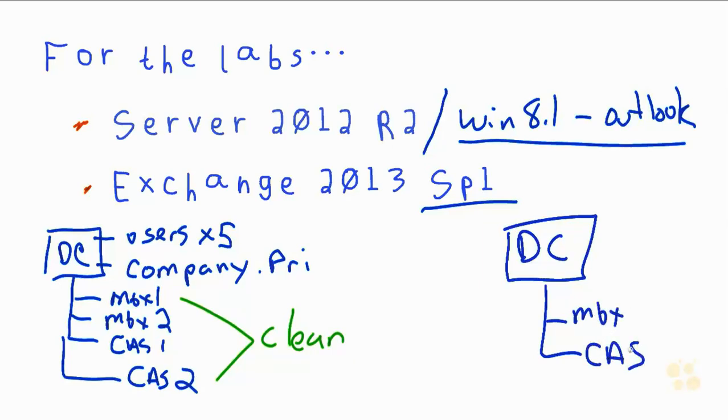For about 80% of everything I do, you could do with a single mailbox role and a single CAS role. You could even put these 2 roles on the same VM if you wanted to. You don't even have to separate them. So that would be a total of 2 VMs if you wanted to keep the environment simple enough. And you can do everything except for when we get to database availability groups and the load balancing with the CAS. Or you can do the more complicated environment.